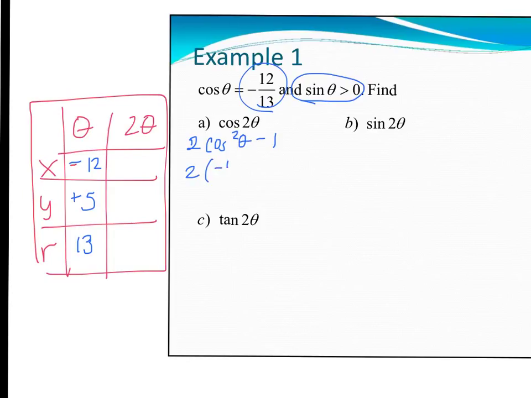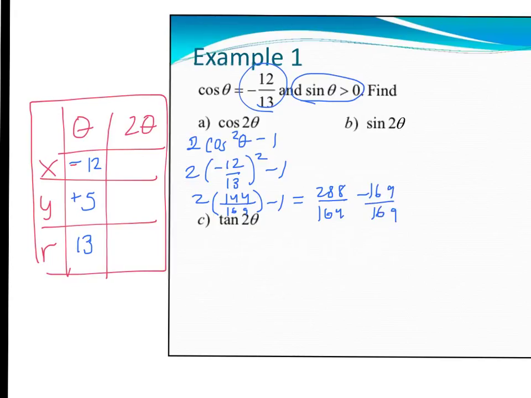So when we go ahead and work this through, this is just going to become a lot of algebra, which again we will not have a calculator for. And so we end up doing 288 over 169 minus 169 over 169, which gives us 119 over 169.